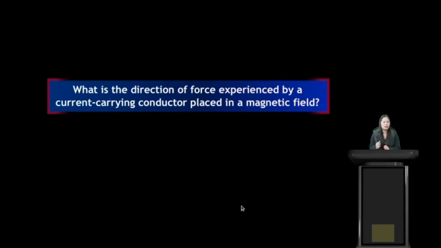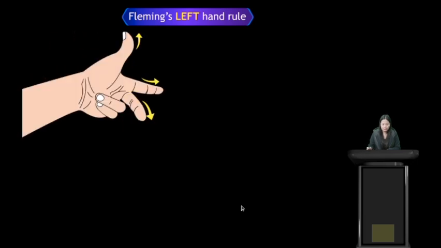With the help of the right-hand thumb rule, we were able to determine the direction of magnetic field lines. So how do we determine the direction of force experienced by a current carrying conductor placed in a magnetic field? For this, we will use another rule known as Fleming's left-hand rule.